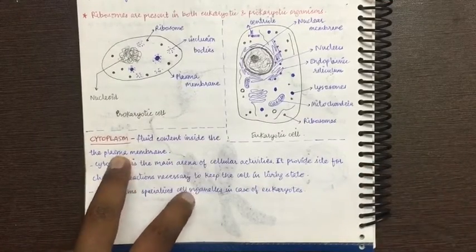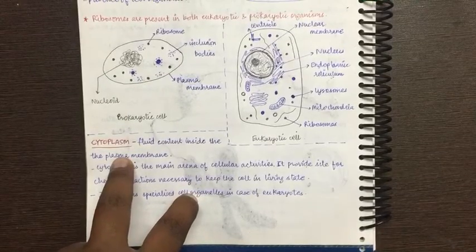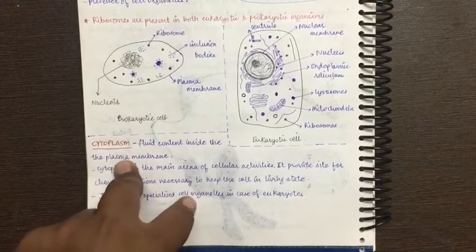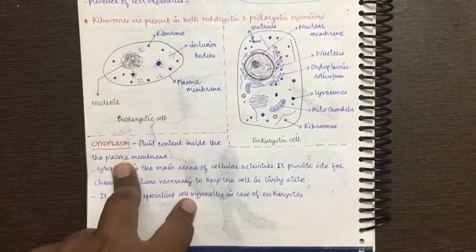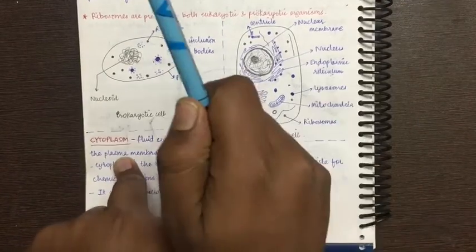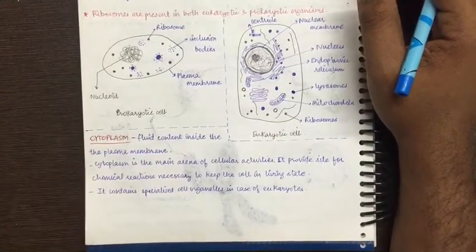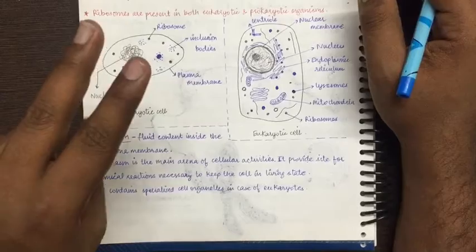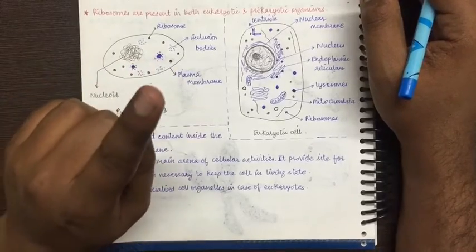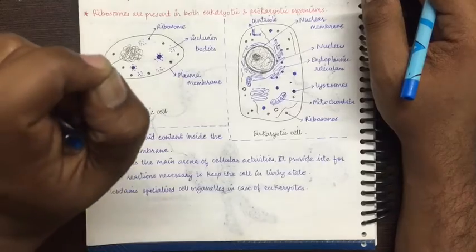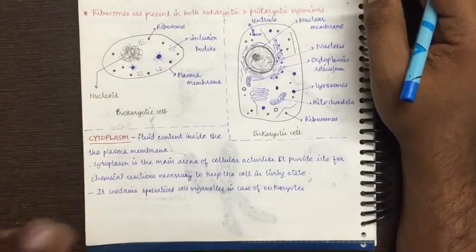So the content within the plasma membrane is protoplasm. And if I remove nucleus from the protoplasm, the remaining content is cytoplasm. Cytoplasm contains two things: cell organelles and deuteroplasm. The fluid content is deuteroplasm and the remaining is cell organelle.